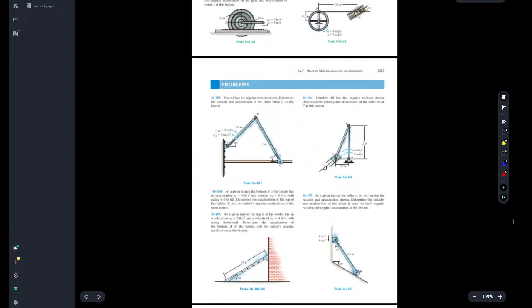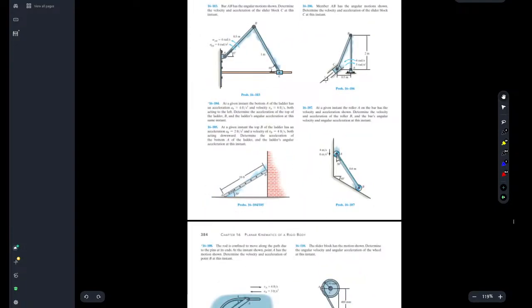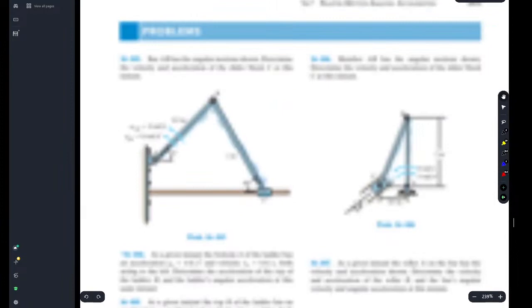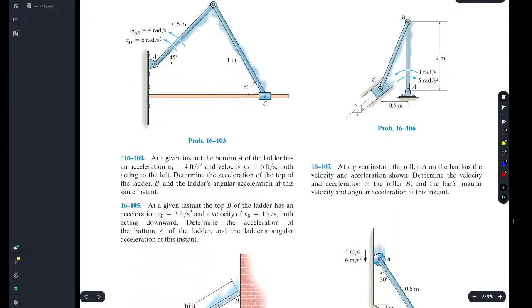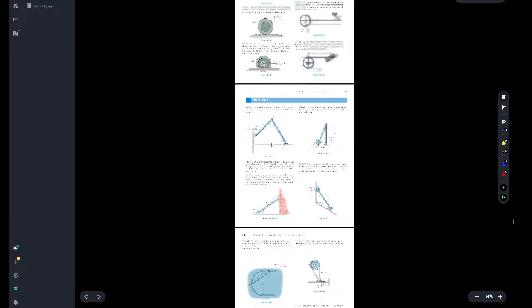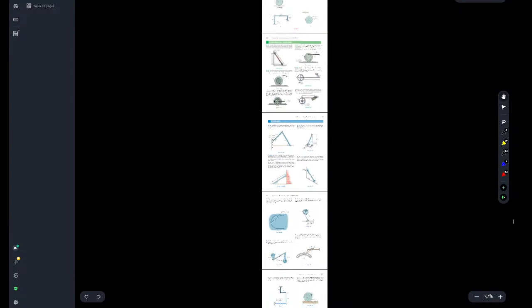I'm getting closer. First thing is I just want to find the problem. Uh-oh. There it is. 16103. So that's where I started from. Let me go see if I can find the answer in the back of the book. 16103.